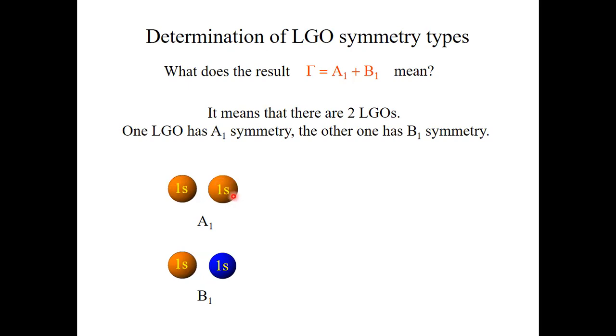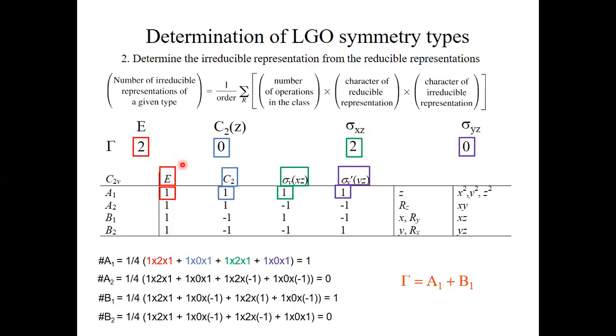When we apply the two mirror planes, the same. The first mirror plane doesn't swap the orbitals. The second mirror plane does swap the orbitals, but because they have the same algebraic sign, again, the resulting wave function doesn't change its algebraic sign. So that relates to characters of 1 in the respective irreducible representation. And only the irreducible representation of the symmetry type A1 has all 4 characters to be 1.